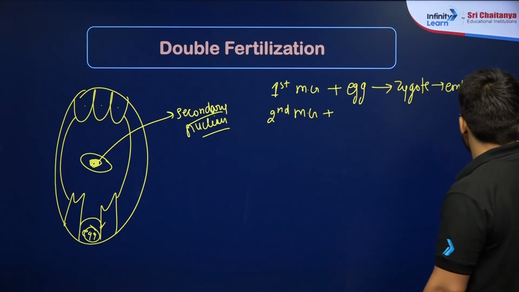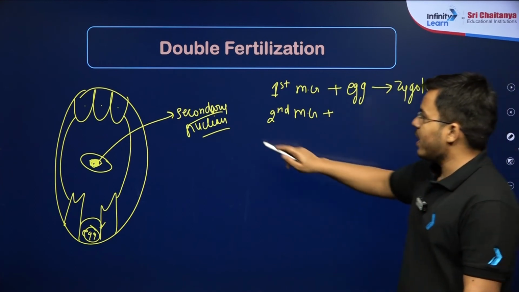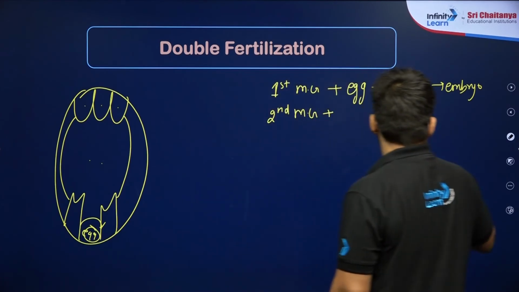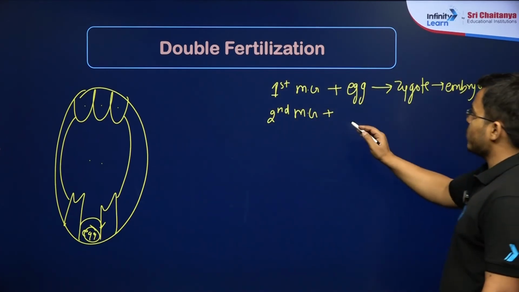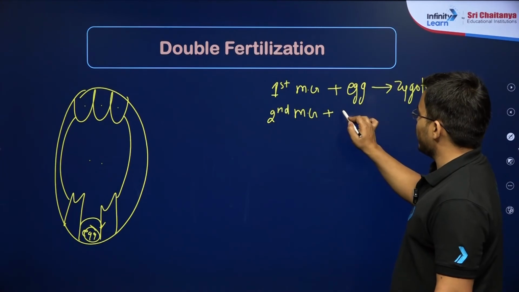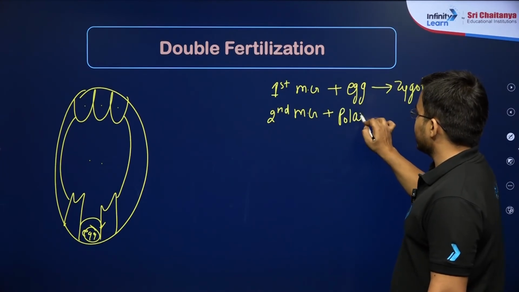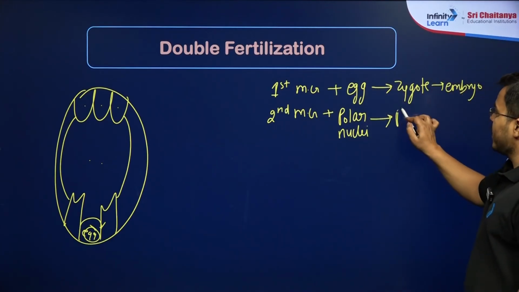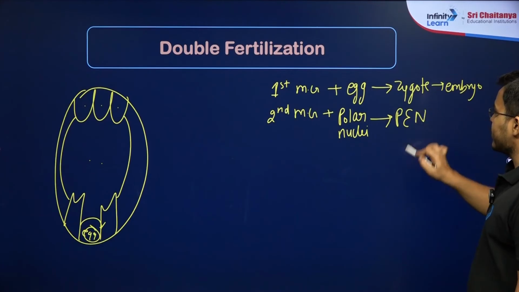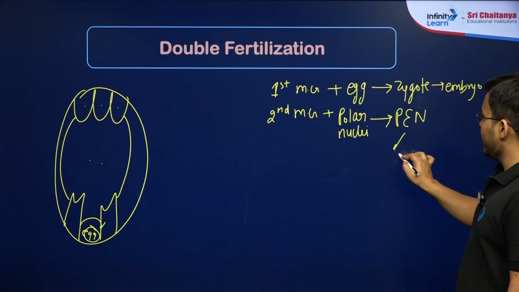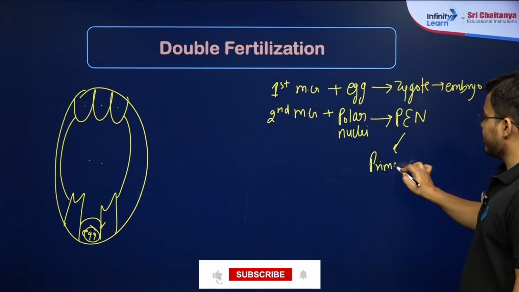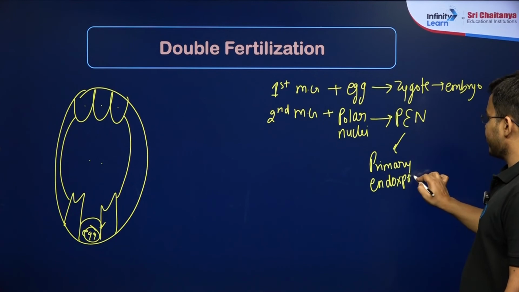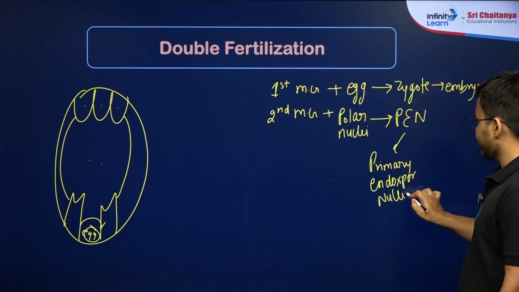To make it simple, let's say we have those two polar nuclei only. The second male gamete will be fusing with those two polar nuclei, and it will form the primary endosperm nucleus, which we call PEN.